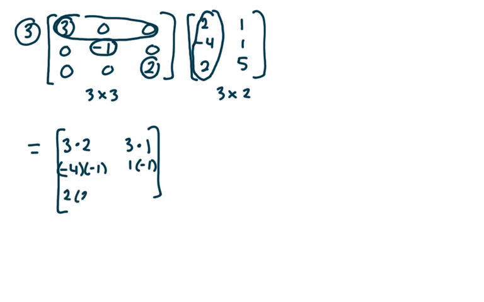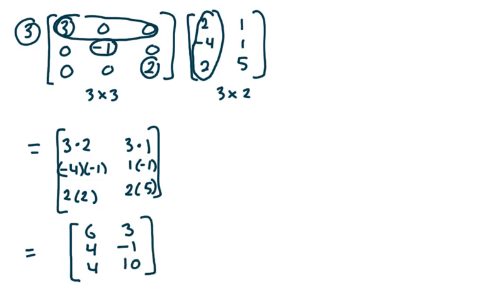So this is 2 times 2 and 2 times 5. And so the correct answer here is 6, 3, 4, negative 1, 4, 10. And that's how you do problem number 3.